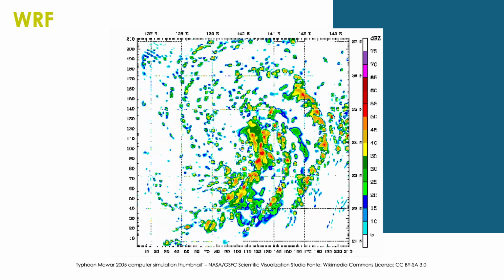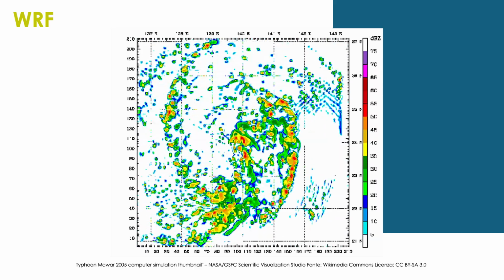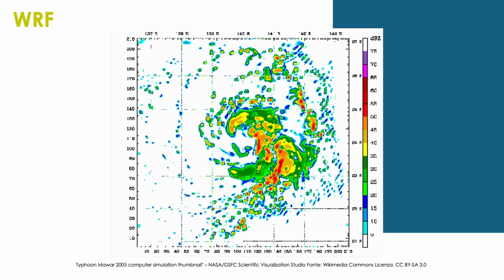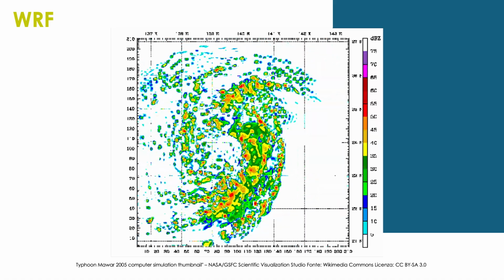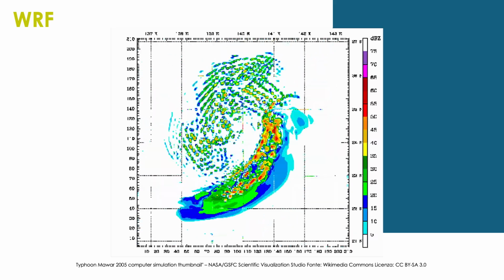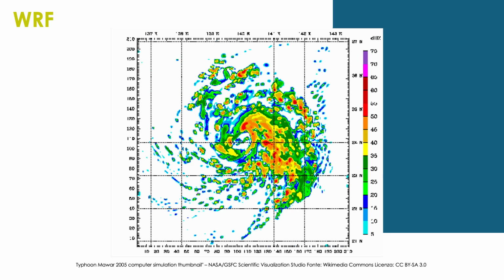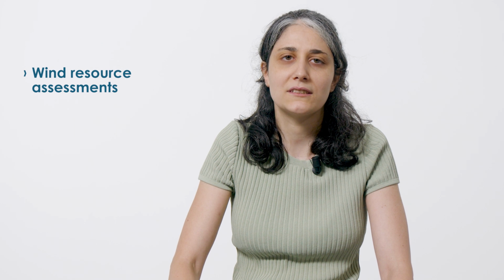The Weather Research and Forecasting model allows users to simulate weather and climate over a custom-defined domain using nested grids that can reach resolutions as fine as 1 kilometer. Within each grid cell, the model computes wind vectors, air temperature, humidity, cloud formation, precipitation, solar radiation, and more, based on physics, not assumptions.